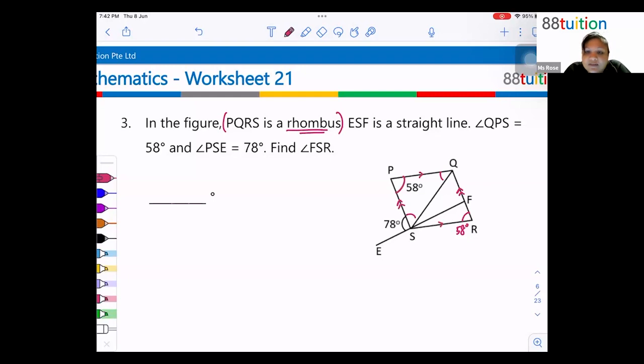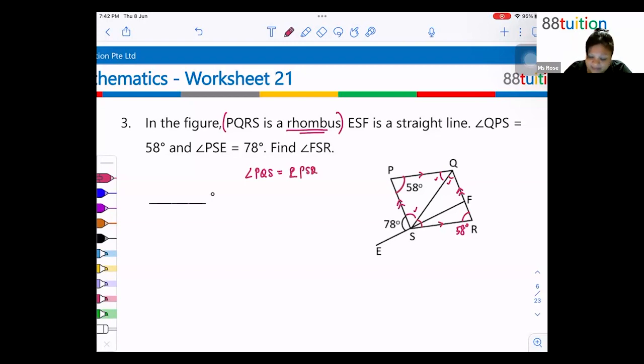What else? What other properties do we know? Okay, got it. So these two angles here are equal to each other, which means angle PQS must be equal to angle PSQ.